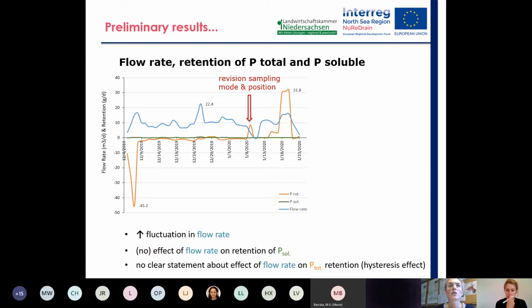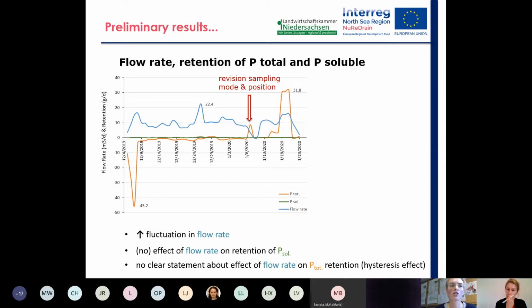These are preliminary results from flow rate, retention of P total, and retention of P soluble. The blue line shows the flow rate. As expected, flow rate is varying between 0 cubic meter per day and a maximum of 22 cubic meter per day. The green line is a retention of P soluble.